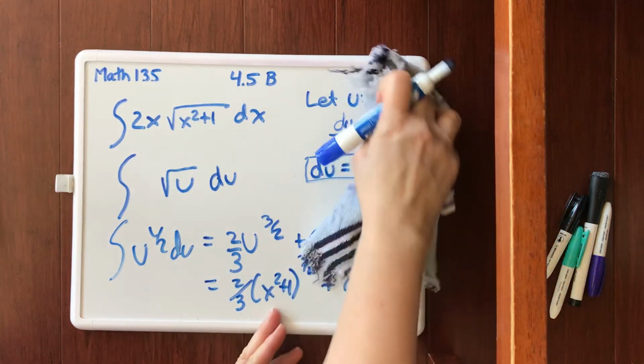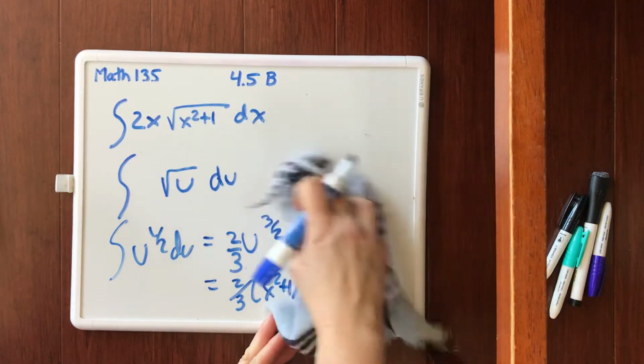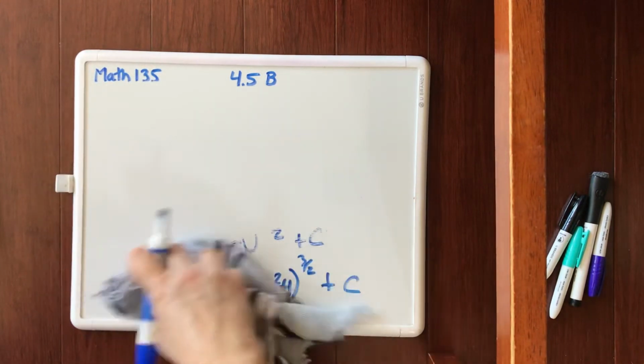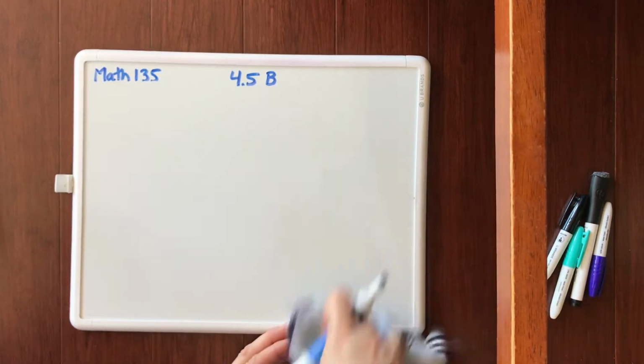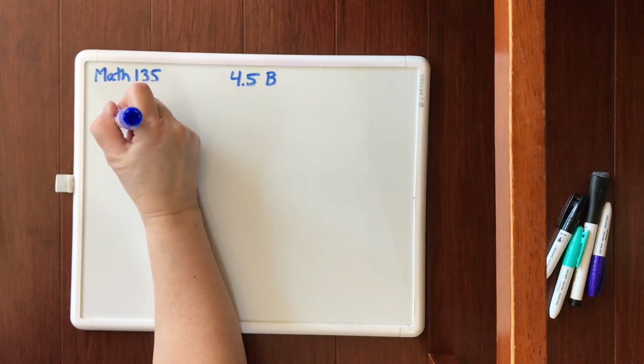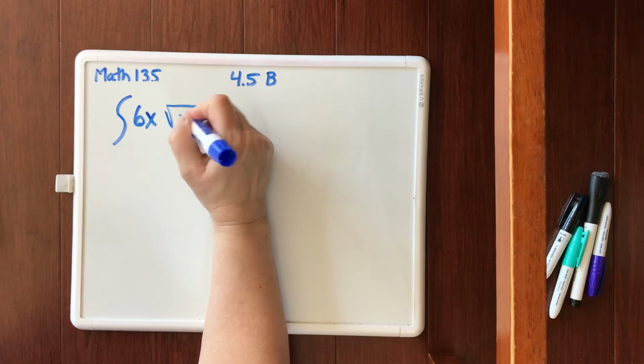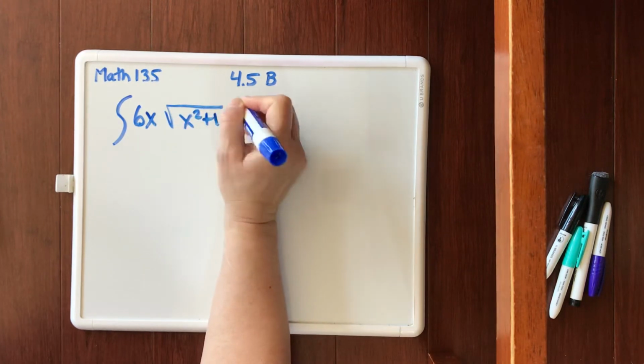Okay, so let's do another one where it doesn't come out so even. We have to use our brain a little bit more than that. Here's another one. We're going to integrate 6x square root of x squared plus 1 dx.